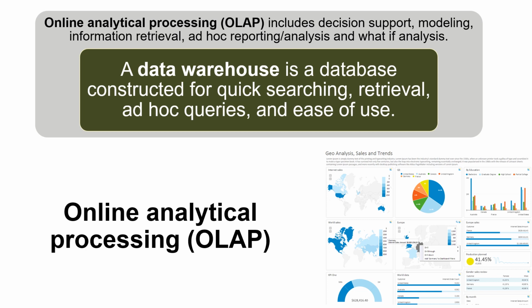So a data warehouse is a database constructed for quick searching, retrieval, ad hoc inquiries, and ease of use. So we will discuss how these two elements of the ERP systems work with each other in short.